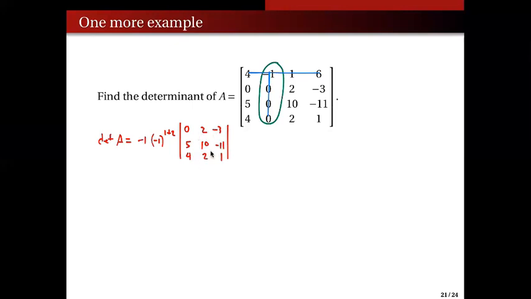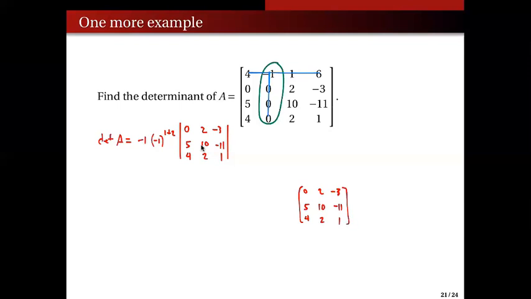We can combine our methods in finding the determinant of a 3 by 3 matrix. So let us put this aside here: 0, 2, negative 3, 5, 10, negative 11, and then 4, 2, 1.